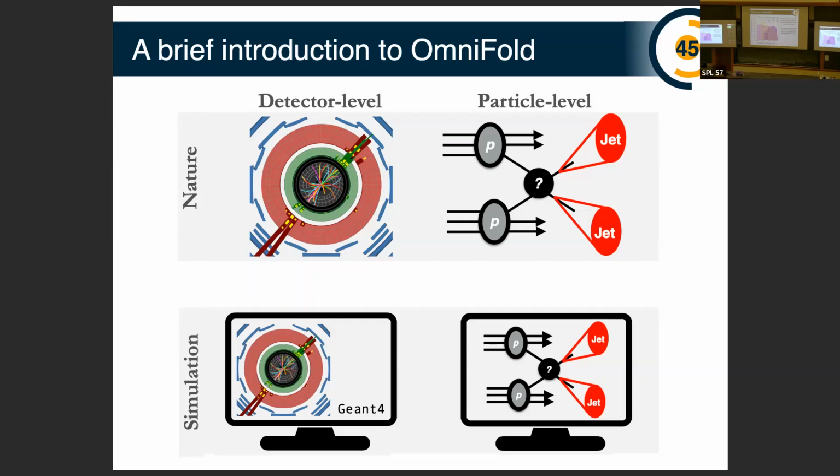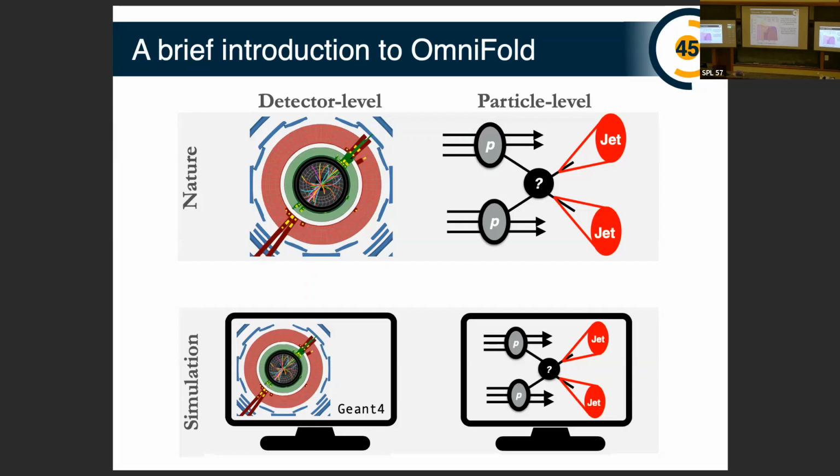And we measure signatures in our detector. This picture shows a transverse cross-section of the ALICE detector, where the protons are coming into and out of the page, and you have particles flying out in all directions. You can see two sprays of particles that correspond to two jets. I want to look at this image and extract the information about those jets, for instance.